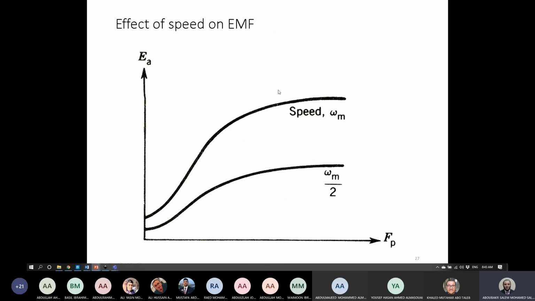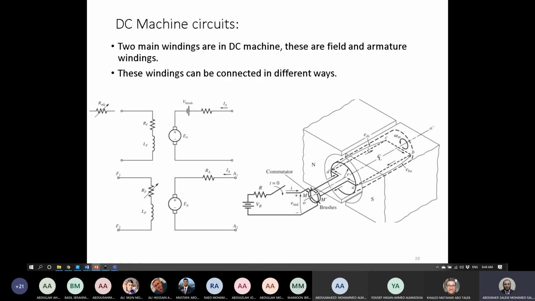As we just described, if we obtain this curve at a certain speed omega m, and we have omega m over 2 as the speed of the machine, it's expected that the EMF will be reduced like that. So this is now how we can represent EA, or back EMF, with the field current.